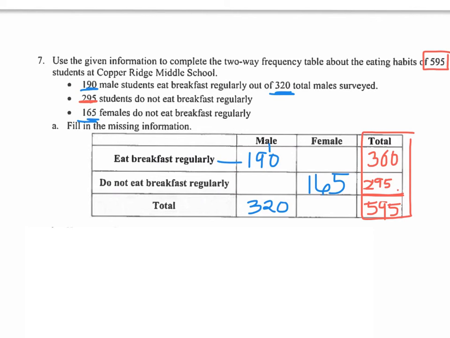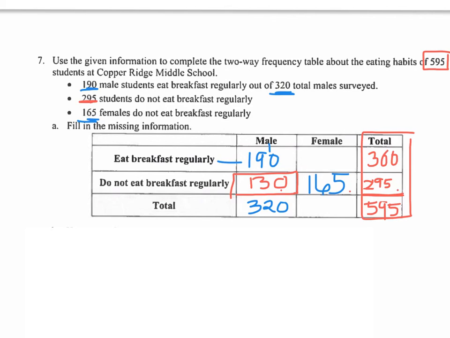We could fill in this box two different ways. One way is knowing that 190 plus this number has to be 320, or the other way is knowing that this number plus 165 has to equal 295. Either way, it's going to be 130.